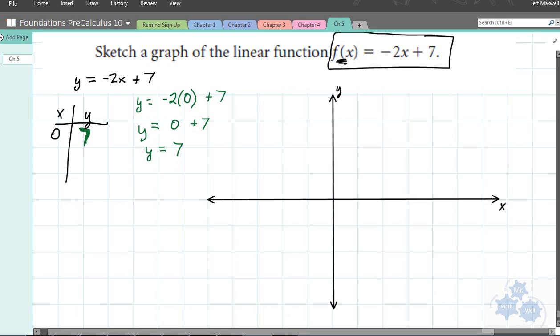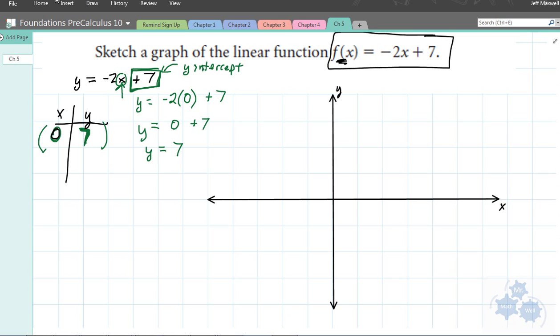In a linear function, if you put in 0 for x, you will always end up with whatever this constant is. And that means that the y-intercept will always be when x is 0, and it will always end up to be this value on the y-axis. So this value right here is the y-intercept, always. Okay, that's the y-intercept.